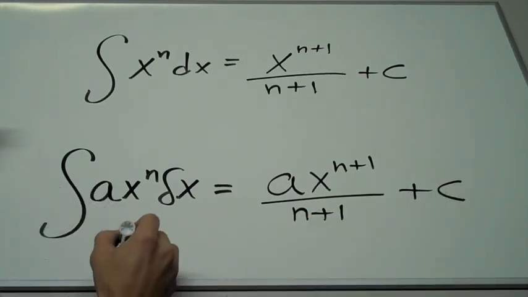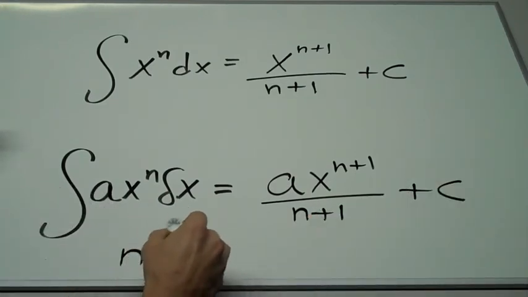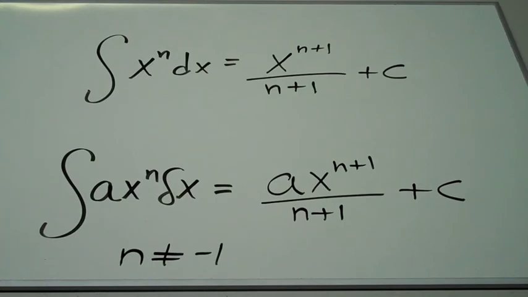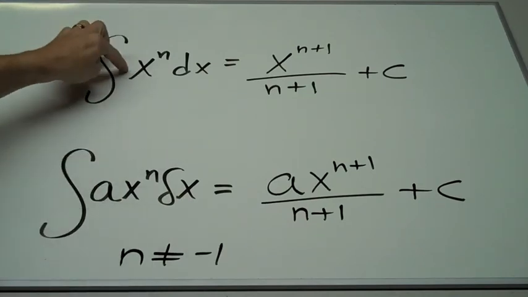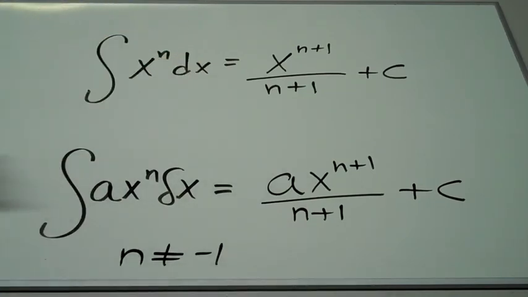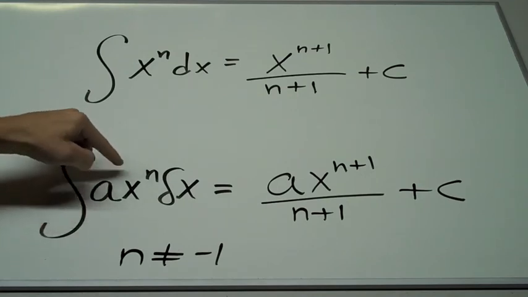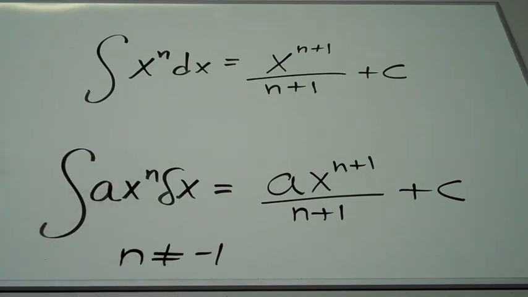It's important to remember that in both cases n cannot equal -1. Because if n equals -1, I really have 1 over x, and that's going to give us our natural log situation. And this will be a over x, and we'll be talking about that natural log situation as well.